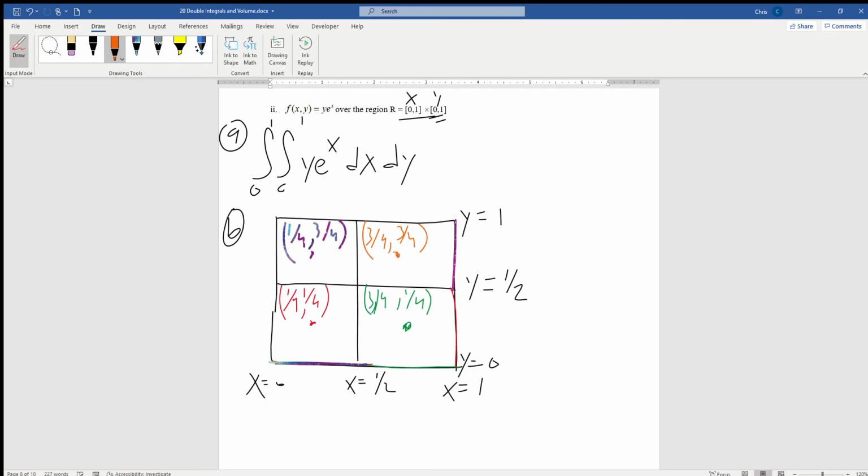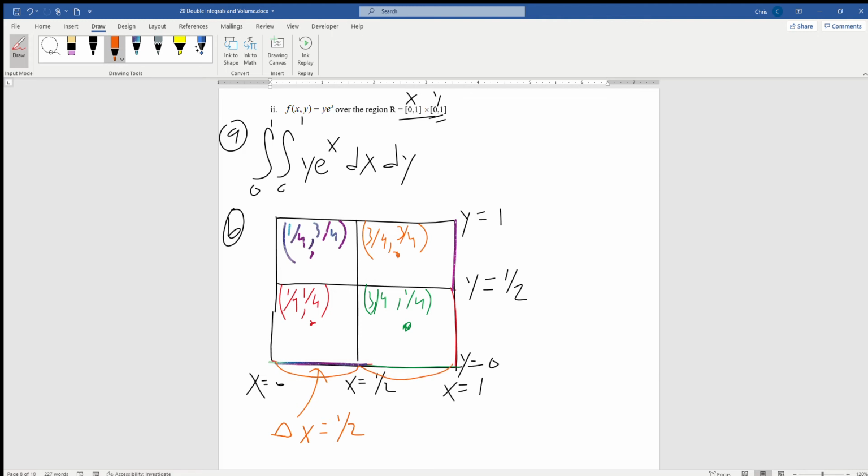Now, the other thing we have to find is delta x and delta y, and that's pretty easy. Right here we can see that delta x is going to be a half. That makes sense because to go from 0 to a half, or from a half to 1, it's always going to be a half.